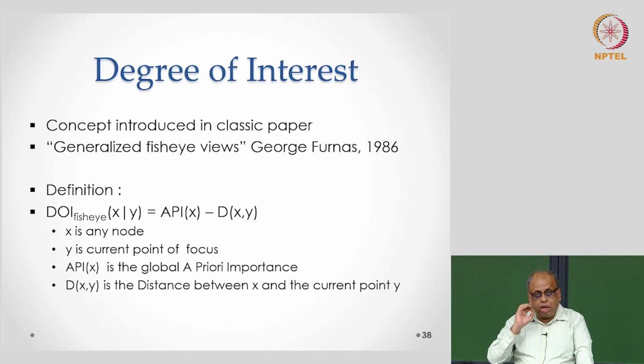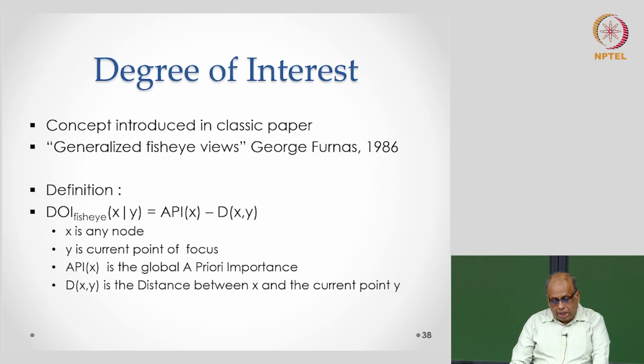So the size of an item depends not only on the distance from the current focus, but also on things of prior importance to me. If I am in Delhi, I will show things in my current focus and the neighborhood, but also landmarks of Delhi like India Gate and Red Fort, so that people know where I am.